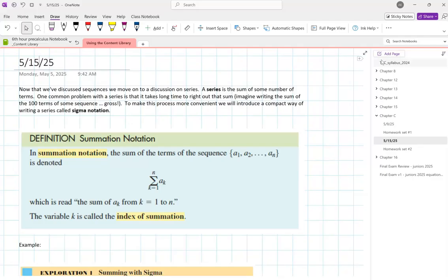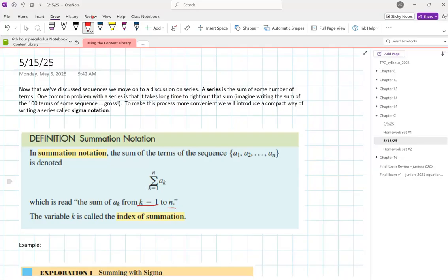You may see it phrased either way. This E-looking thing here is the capital Greek letter sigma, hence the sigma notation. And when you read that, you should read it as the sum of the sequence A sub k from the first term to the nth term.